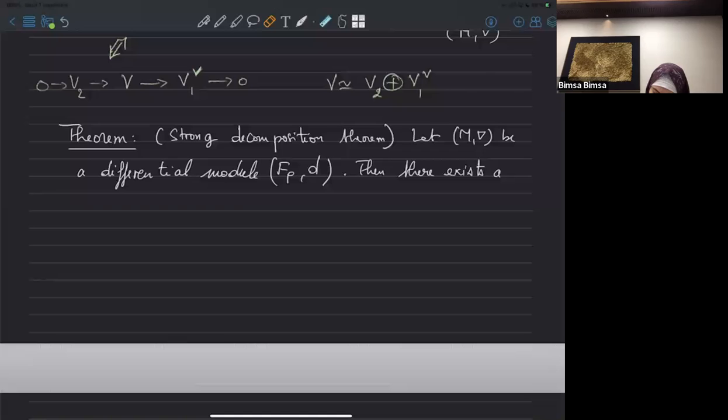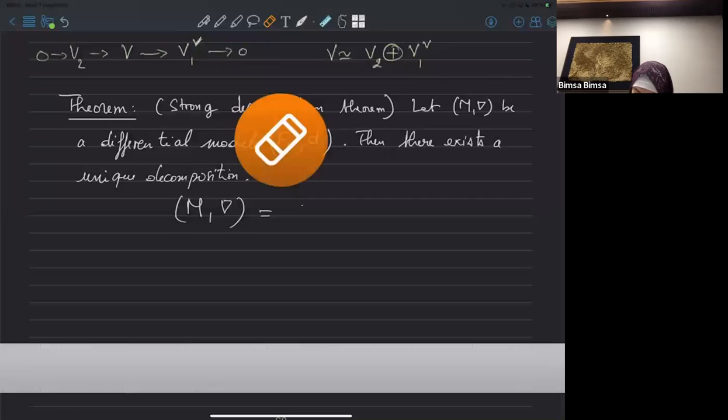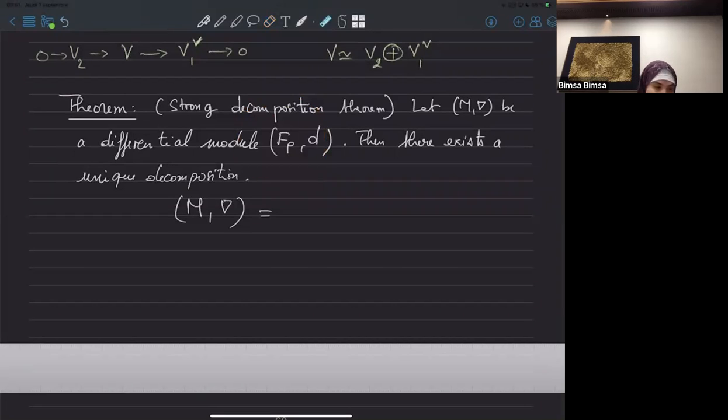Unique decomposition, you can say. Unique. By the existence, we can prove the uniqueness. Such that here it depends on the radius of convergence.